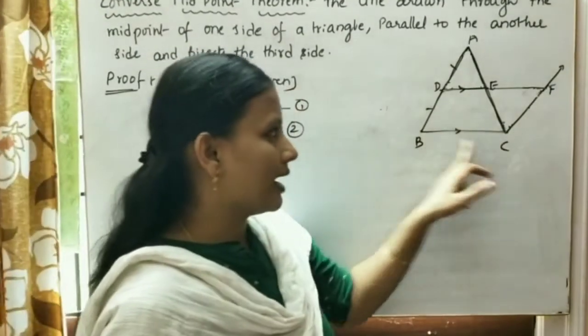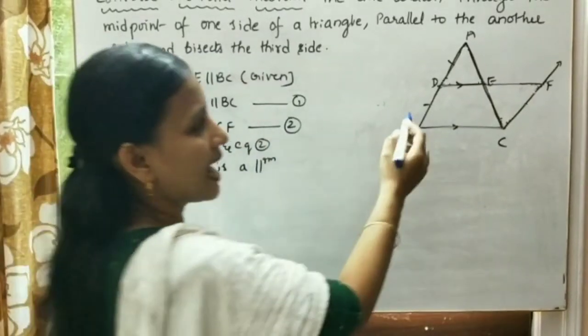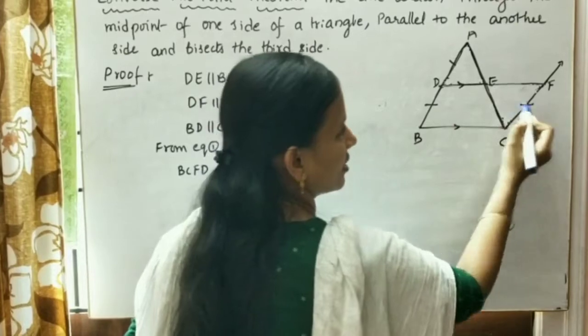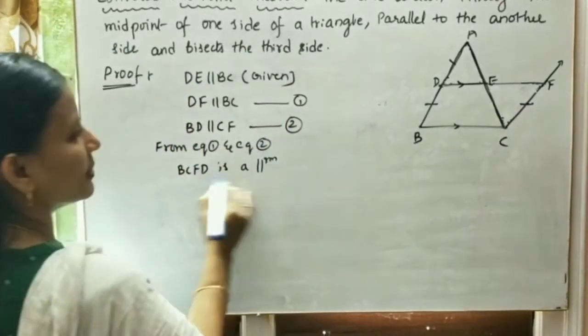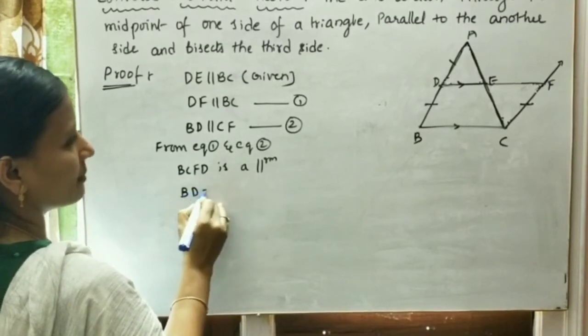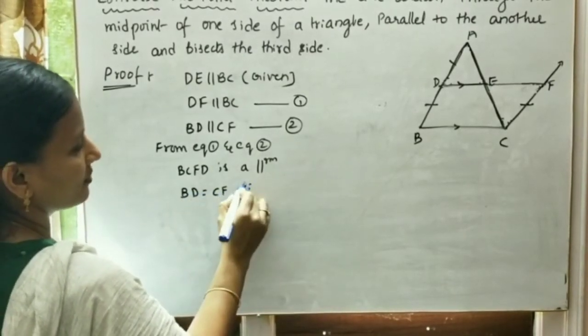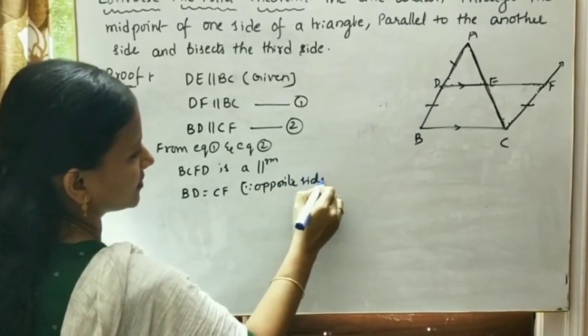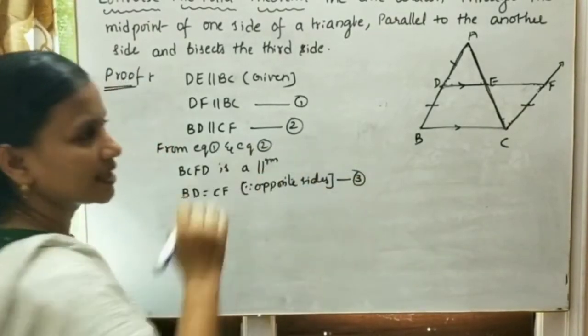If it is a parallelogram, then opposite sides are equal, which means BD is equal to CF. Take this as equation 3.